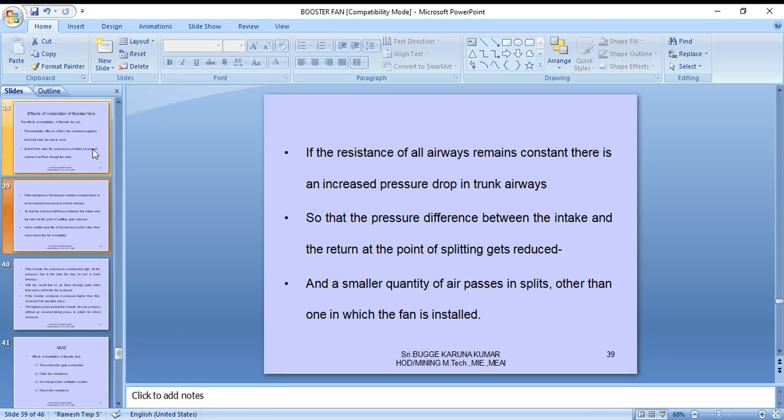there is an increased pressure drop in trunk airways, so that the pressure difference between the intake and return at the point of split gets reduced, and a smaller quantity of air passes in splits other than the one in which the fan is installed.